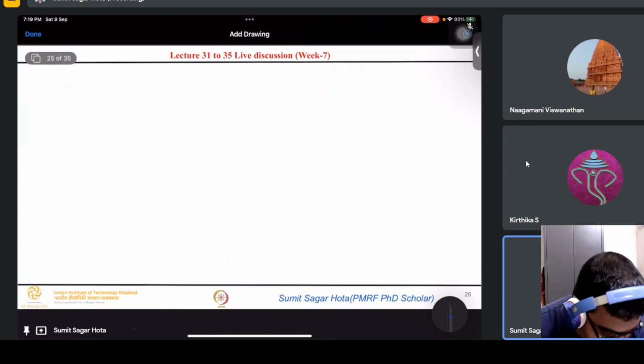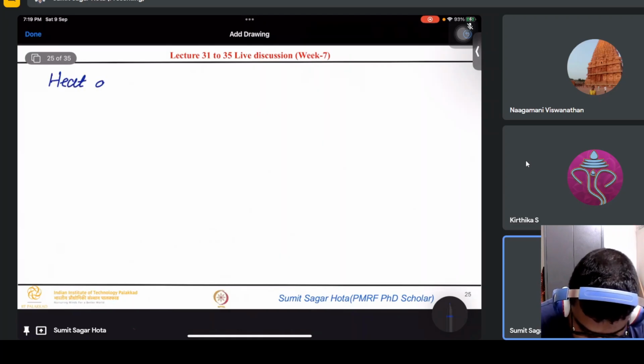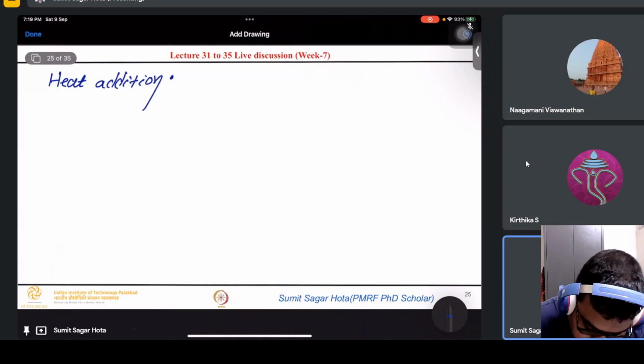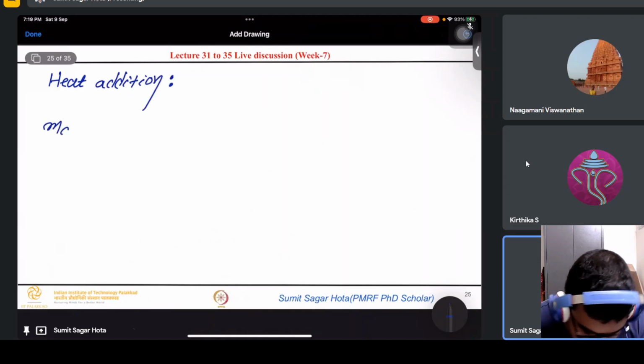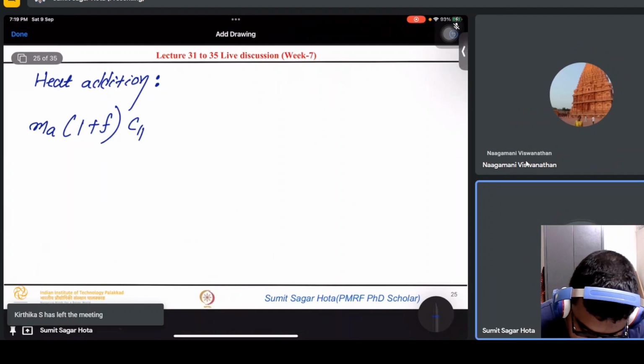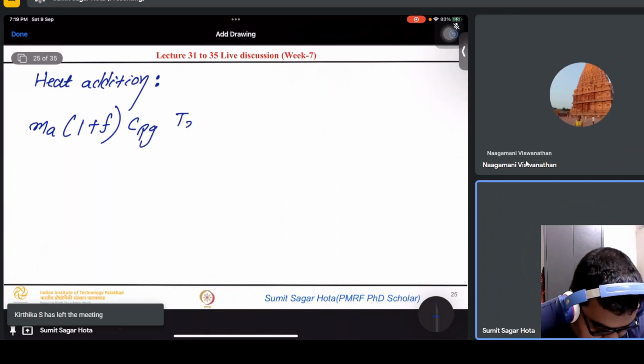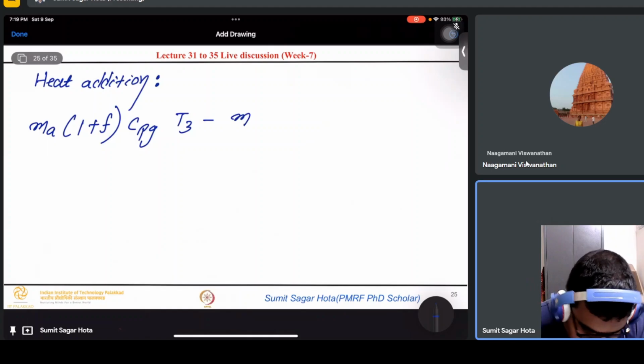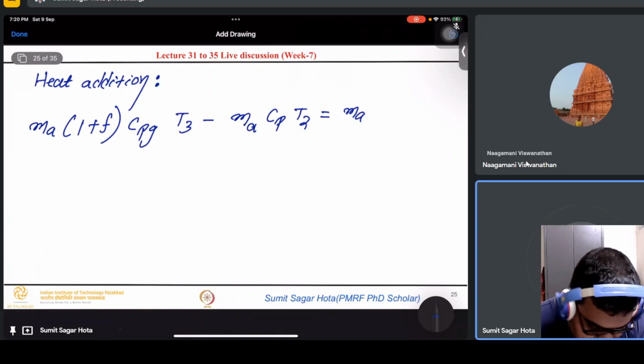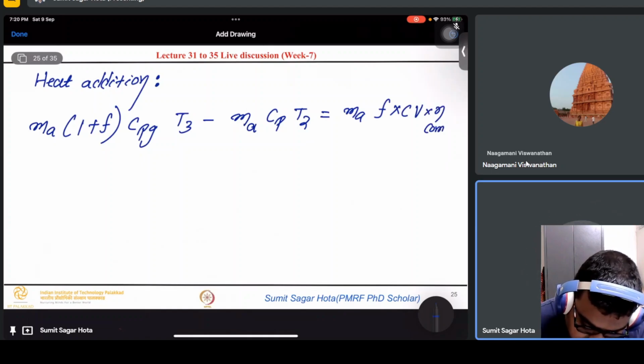So write down the heat addition formula: Ma (1 plus f) into Cpg into T3 minus Ma Cp T2 equals Ma f into CV into combustion efficiency.